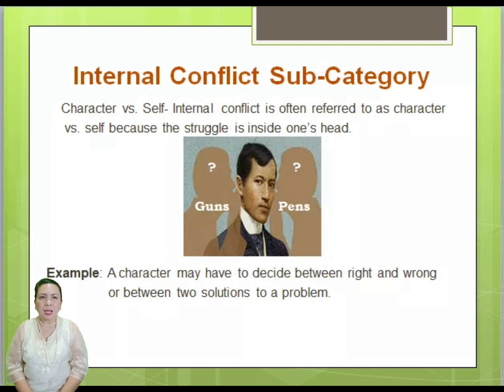Under the internal conflict, we have character versus self. This is an internal conflict which is often referred to as character versus self because the struggle is inside one's head. So example here in the picture, a character may have to decide between right or wrong or between two solutions to a problem.